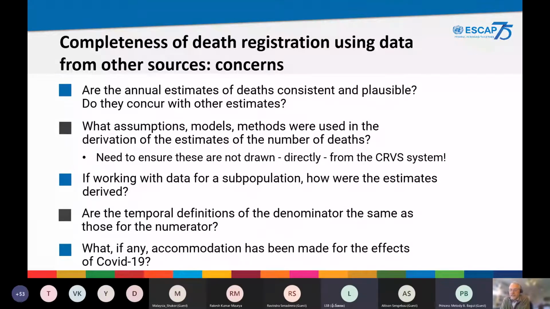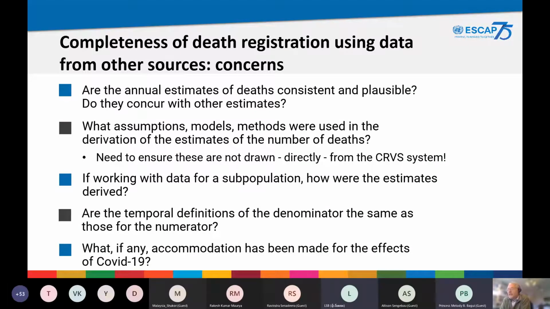Particularly because of the limitations of the UNWPP data, you might often be forced back into using output, say, from Spectrum, the population projection software, which is used by a great many countries in the world, where you might be able to extract the exact projected numbers or estimated numbers of deaths, say by province or in certain age groups, or by sex, which you can't get from the UNWPP. And so you do need to make sure that if you're working with data for a subpopulation, you ask yourself how those estimates were derived.